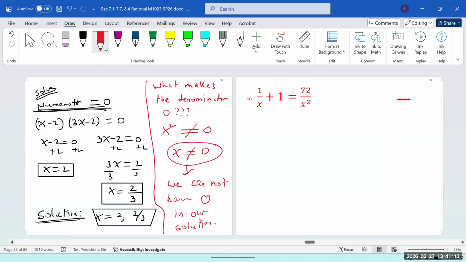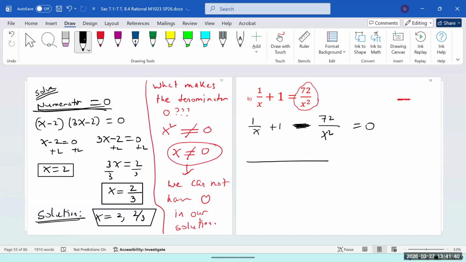So observe what I'm doing. I don't see a 0. That means I need to subtract this from the right to the left. So 1 over x plus 1 minus 72 over x squared equals 0. I rewrote my first line by bringing the right to the left. And then step 2, look for the LCD.